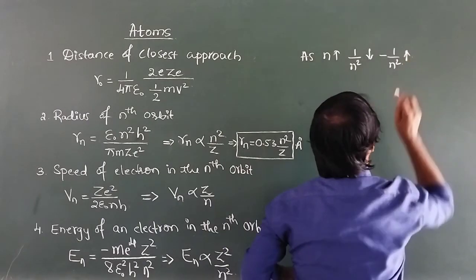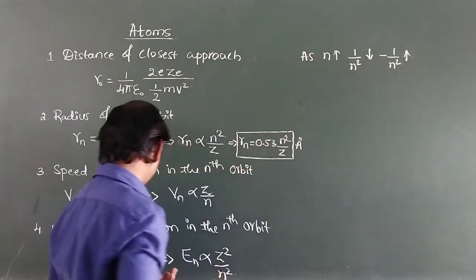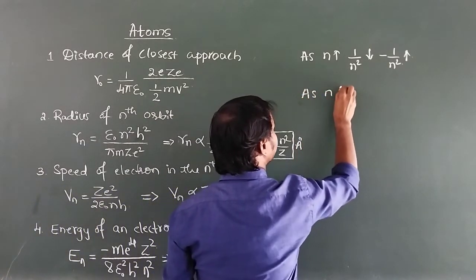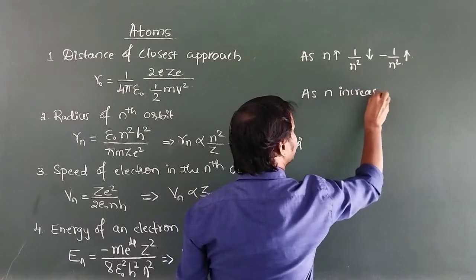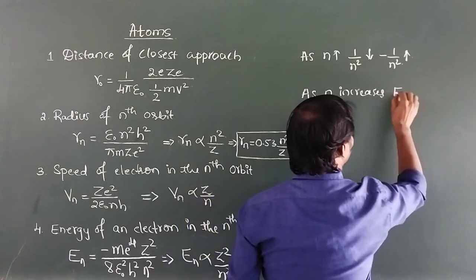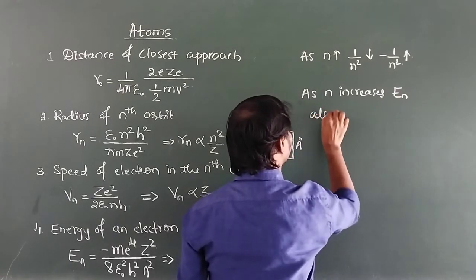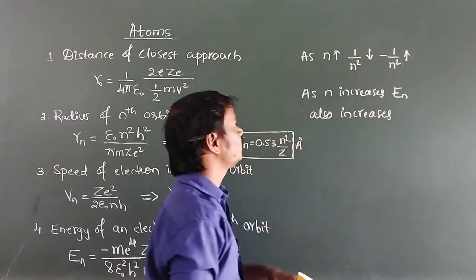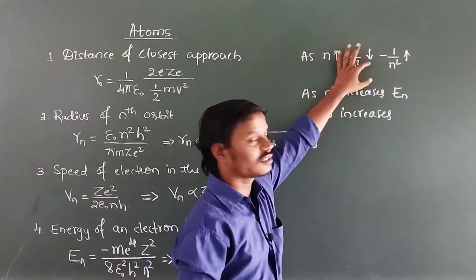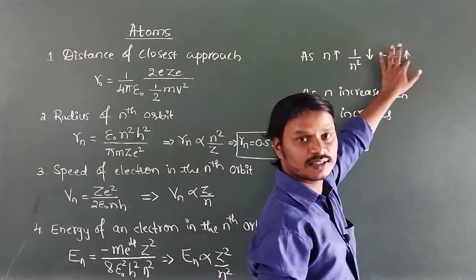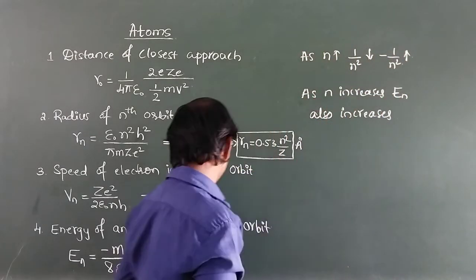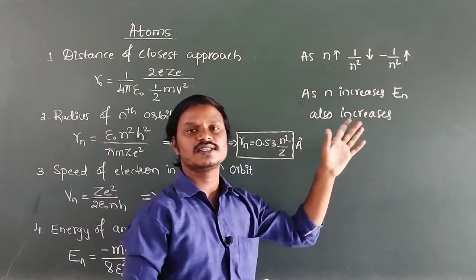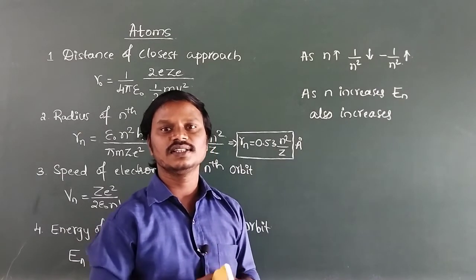Hence, as n increases, meaning principal quantum number increases, the energy En also increases. Here En is equal to minus of 1 by n square, so En also increases. Okay, this is about the energy of the electron in the nth orbit.